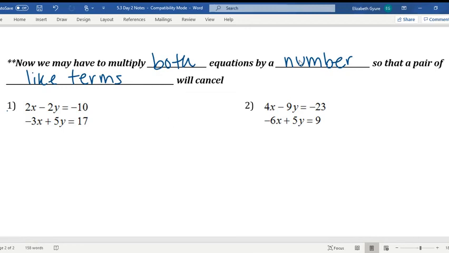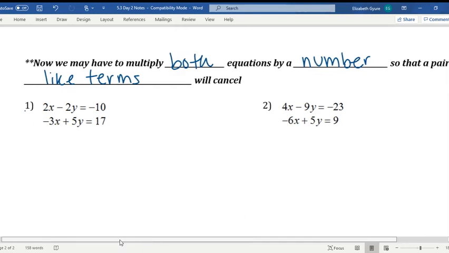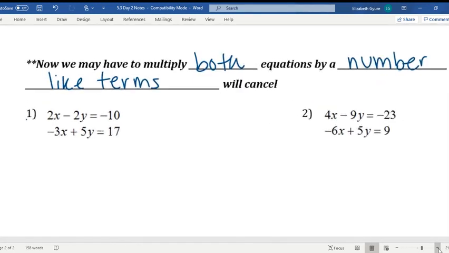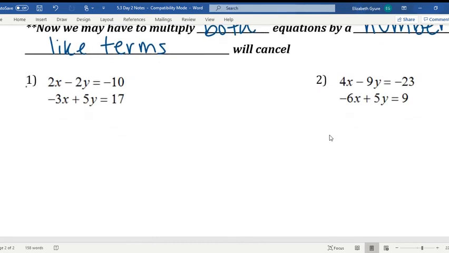Take a look at number 1 here. We have a 2x minus 2y equals negative 10, and a negative 3x plus 5y equals 17. 2x's and negative 3x's won't cancel. Negative 2y's and positive 5y's won't cancel.